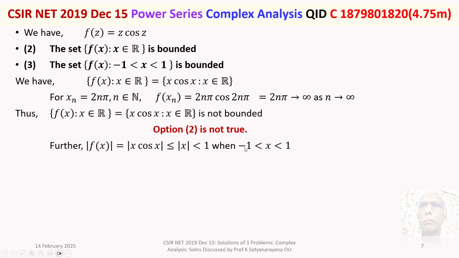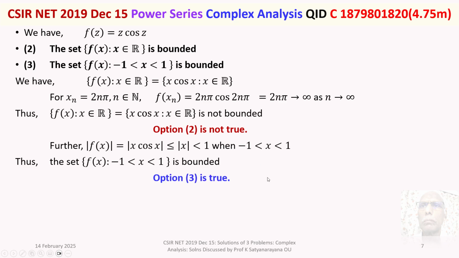But -1 < x < 1 means mod x is less than 1. So that means it is bounded. Thus the set is bounded. Therefore, option 3 is true.